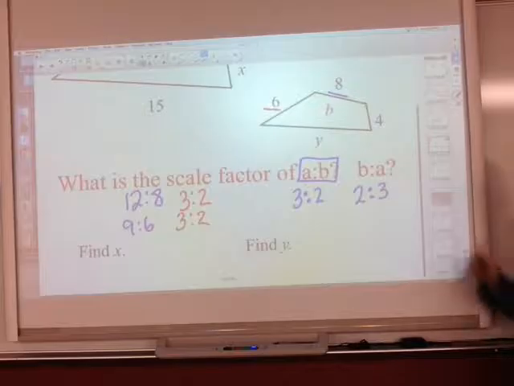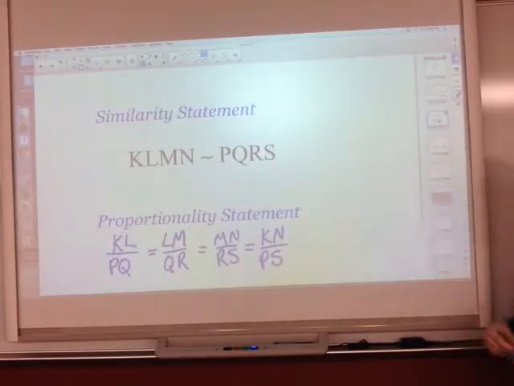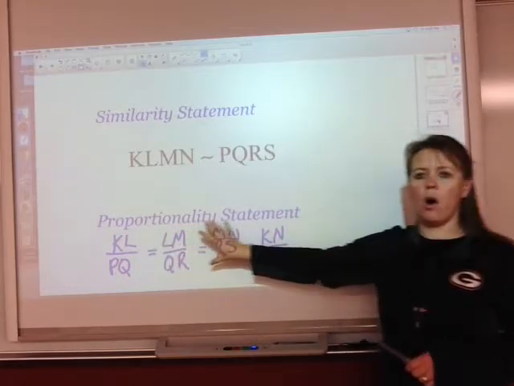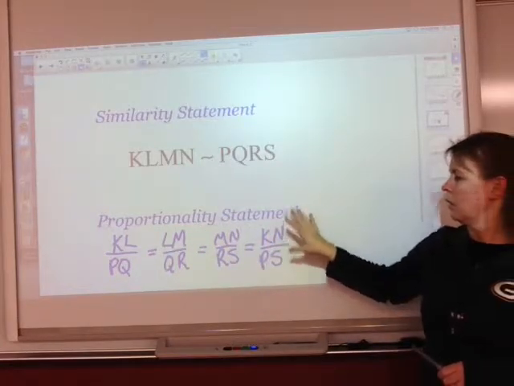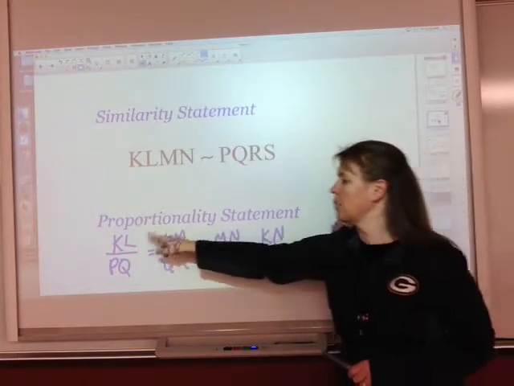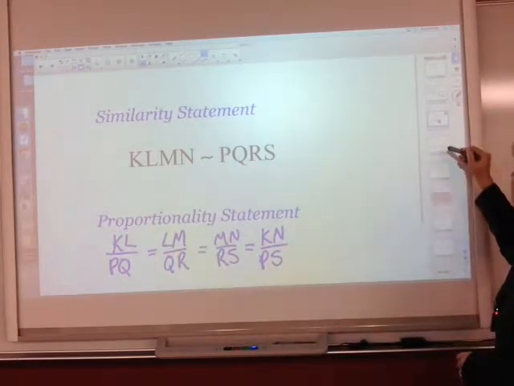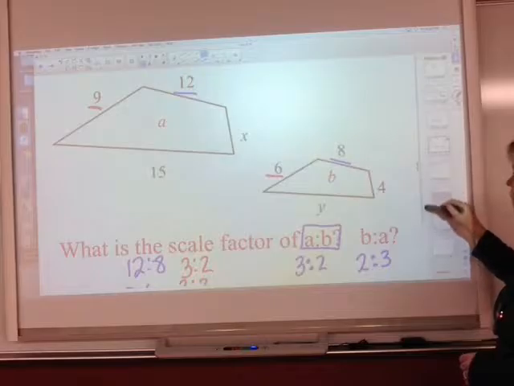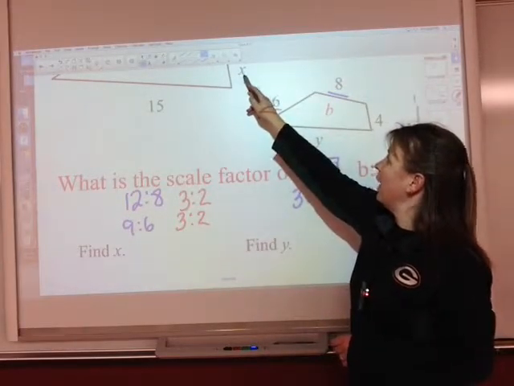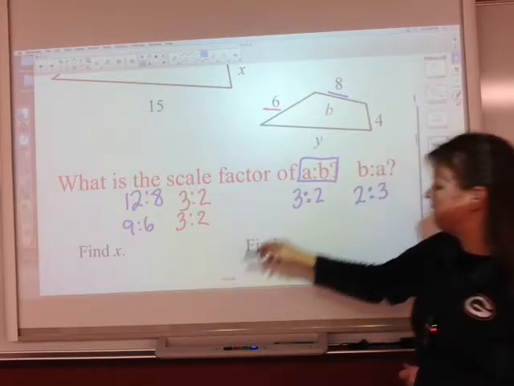Now it wants us to find X. That's where our proportionality statement comes in. It is a quadrilateral, but you don't need all 4 ratios. If you just work with 2 of them at a time, you have a proportion that you can solve by cross multiplying. So if I go back to here, find x, my x is in direct relation with the 4.